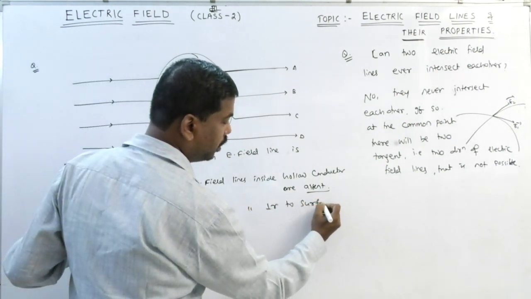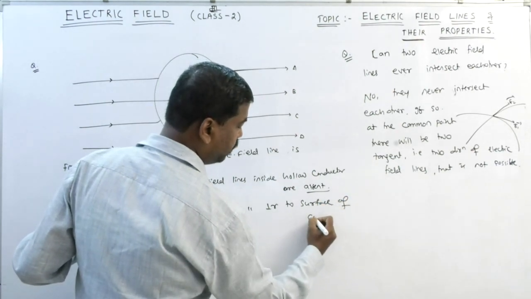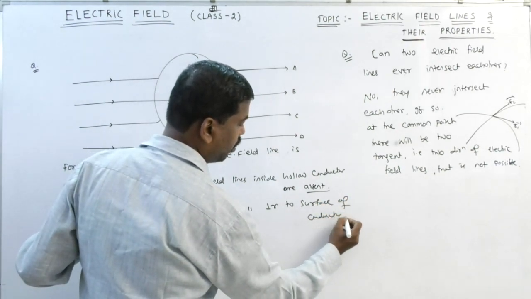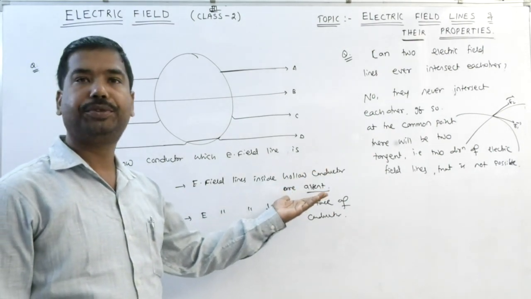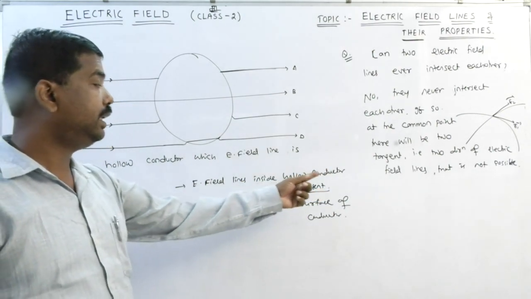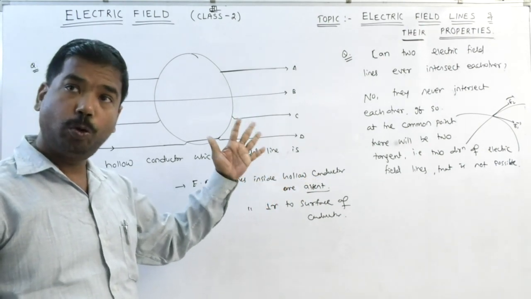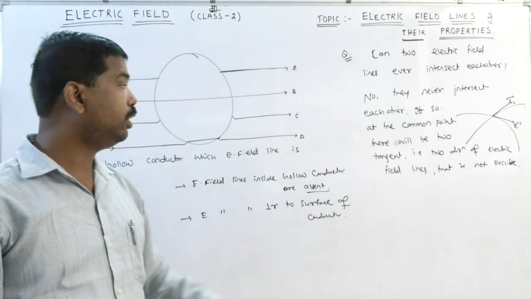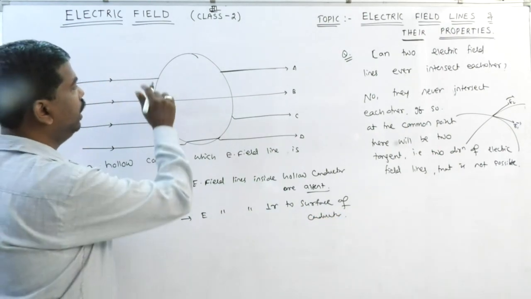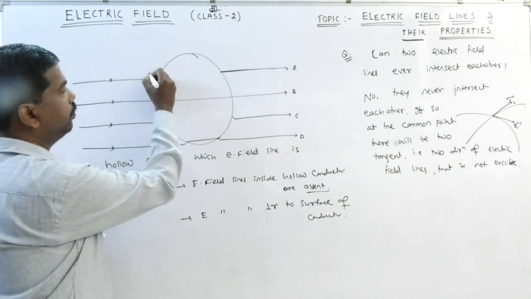Electric field lines are perpendicular to the surface of the conductor. Electric field lines inside a hollow conductor are absent. Inside a hollow conductor there are no electric field lines, and electric field lines are perpendicular to the surface. Listen carefully. Here it is not perpendicular.